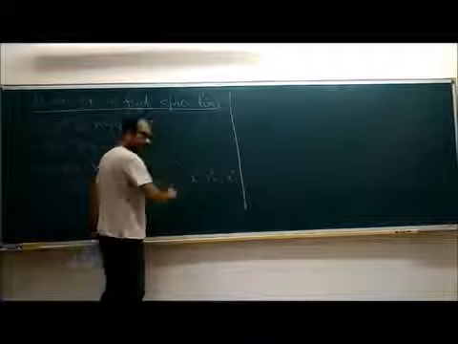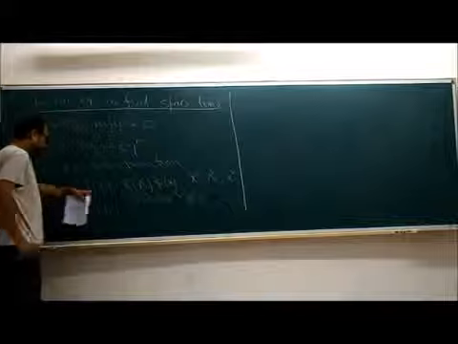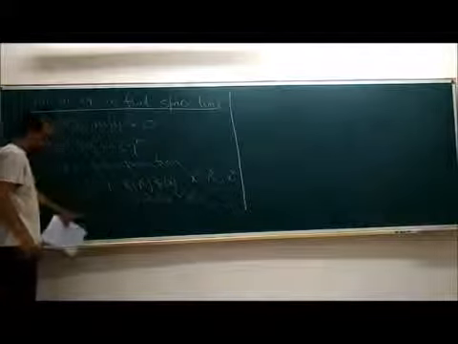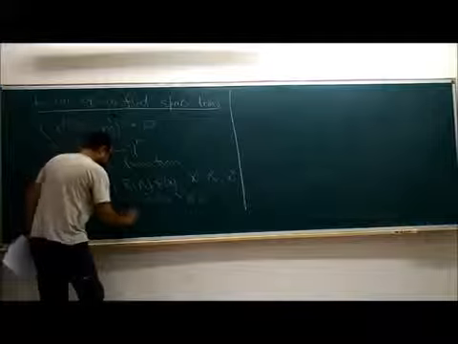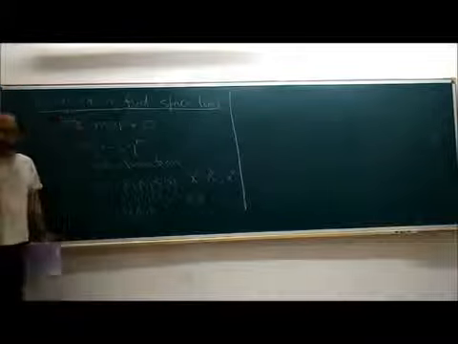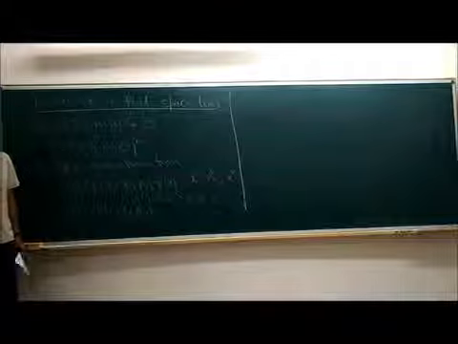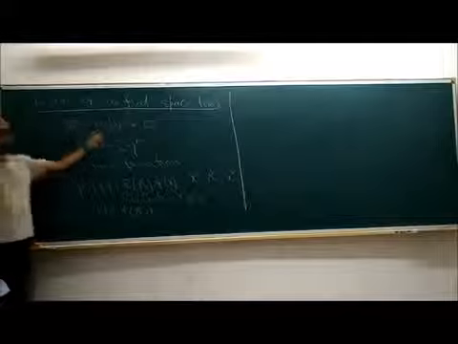So x prime is lambda x, so x is lambda inverse x prime. Now x is a dummy index, so I can put this as psi prime of x. So this should be R lambda psi of lambda inverse x. This is another way of writing the transformation law. And then this psi prime of x will satisfy also the Dirac equation with the same argument.